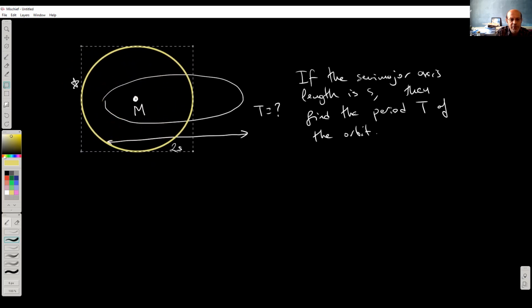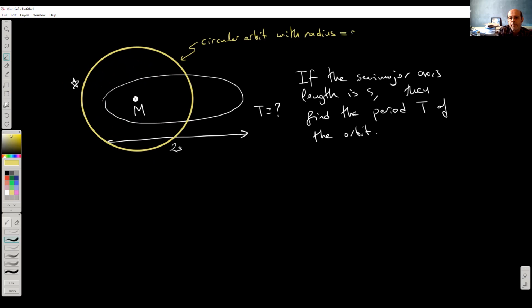So I'm going to imagine an orbit in here. It's a circular orbit, with radius equal to s, okay?